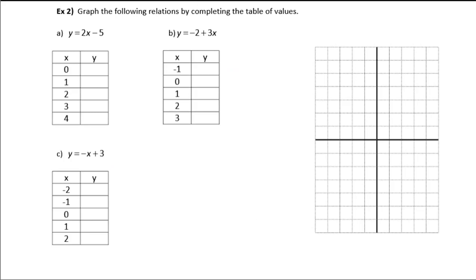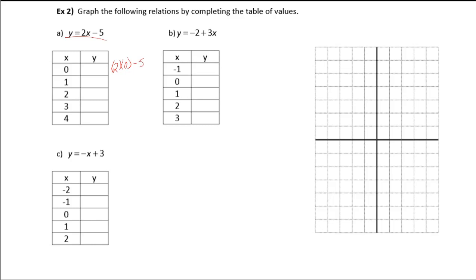Here in example 2, we have y equals 2x minus 5. And this is playing into what we did back in Unit 1. To start, we're just going to sub in the x value to solve for y. So I have 0 that I sub in for x, so I have 2 times 0 minus 5.